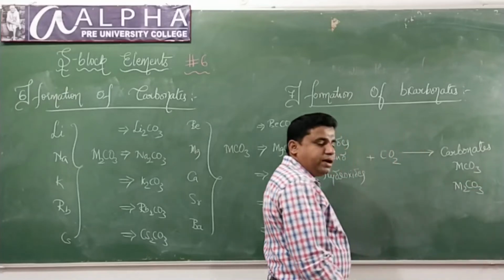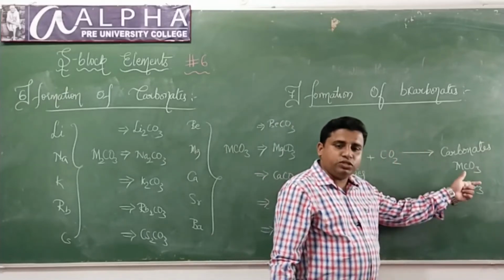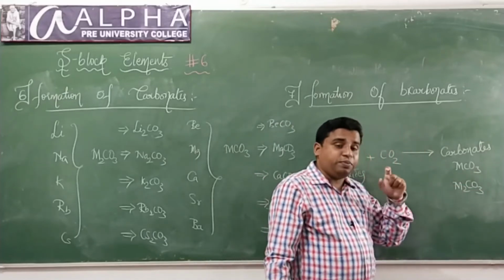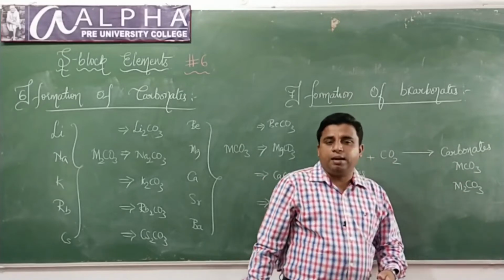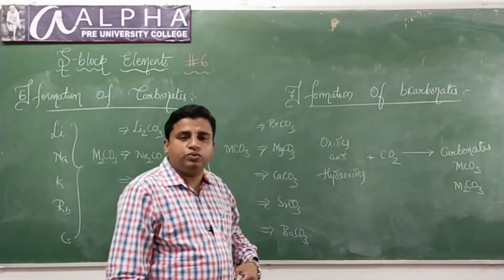Alkali metals will form carbonates of the type M2CO3 and alkaline earth metals will form carbonates of the type MCO3. Any doubts with this?